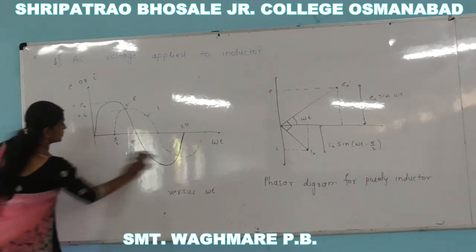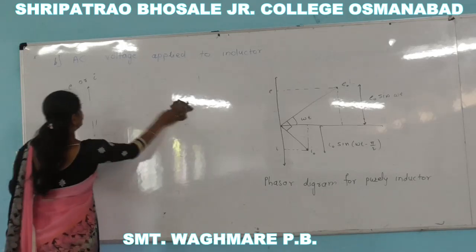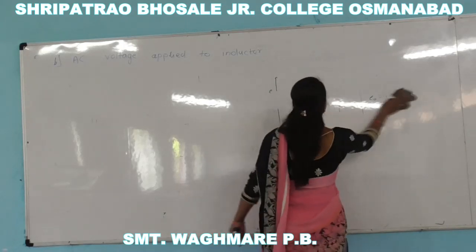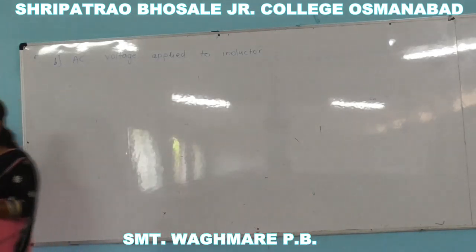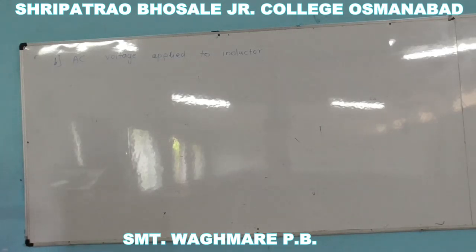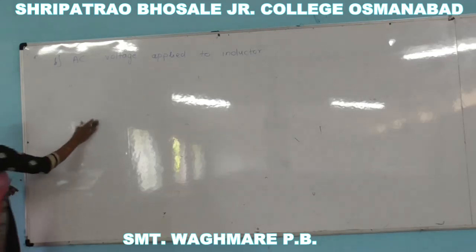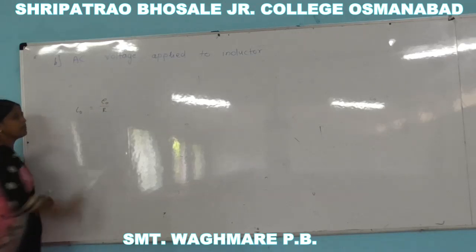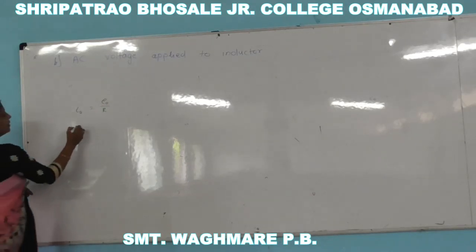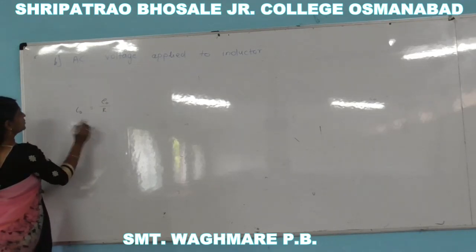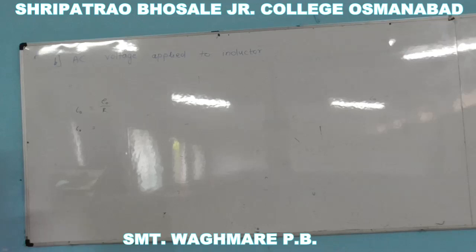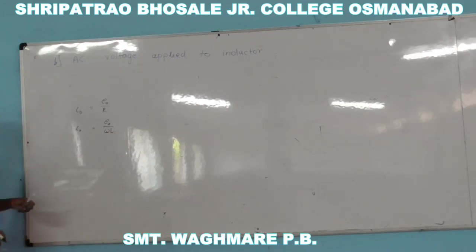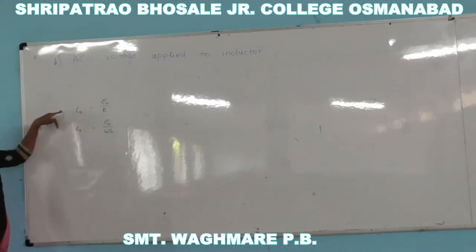Therefore, if you compare this equation, we have already written I naught is equal to E naught upon R, and I naught is equal to E naught upon omega L. This is the equation for the resistance.